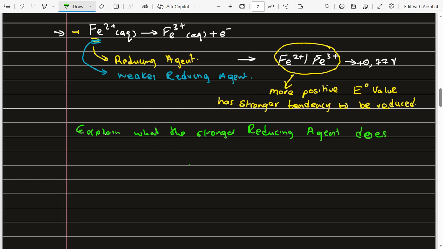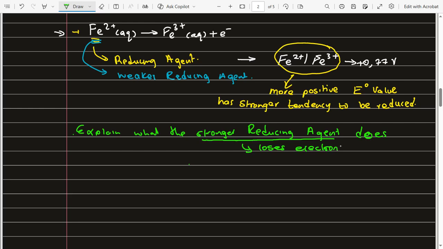So we said that the stronger reducing agent loses electrons more easily.